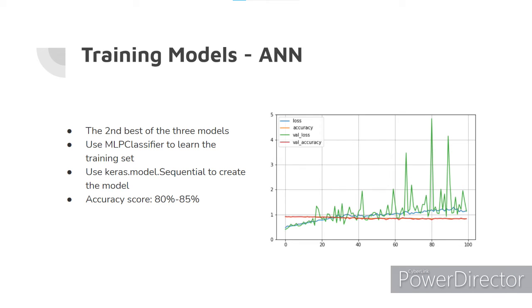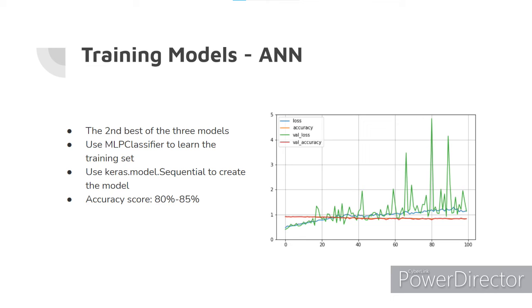For the third algorithm, we chose to do an artificial neural network. From the result of the comparative performance table, we can see that even though the artificial neural network is not the best performing algorithm, in general its performance is still very fine.